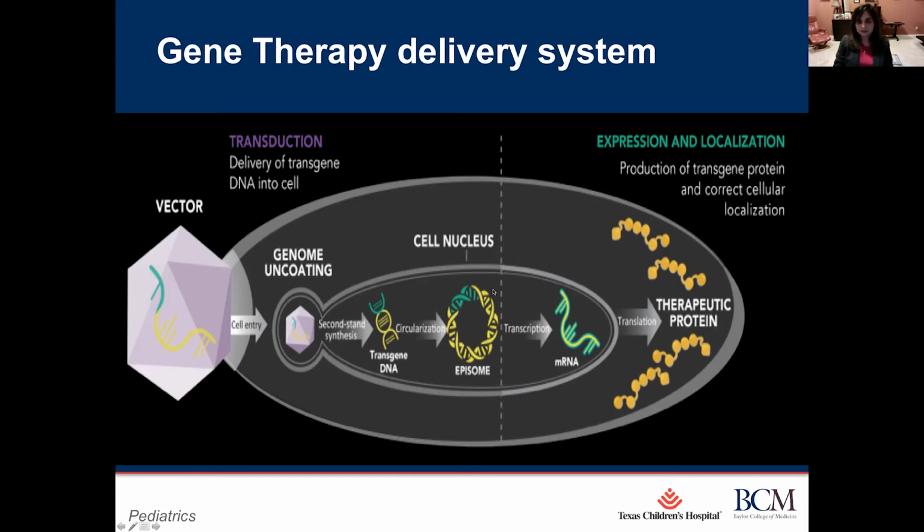It makes a small circle, called an episome, and then starts transcribing. And then you will start making dystrophin protein. Although it's going to be a shorter dystrophin protein, it will actually improve the muscle function.